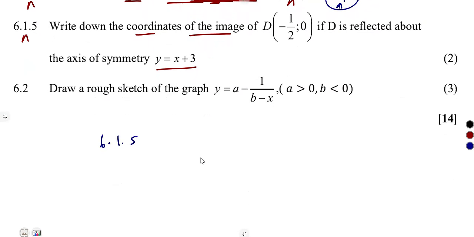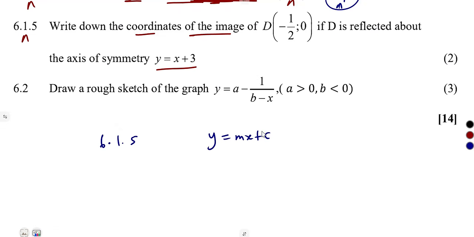How do I transform a point along the line y is equal to x plus 3? Along the mirror line y is equal to mx plus c. How do I transform a point? So I have already referred to that class, all right? So make sure that you go through the video on how to transform your graph.